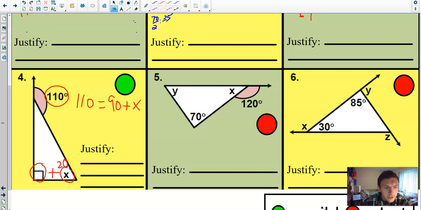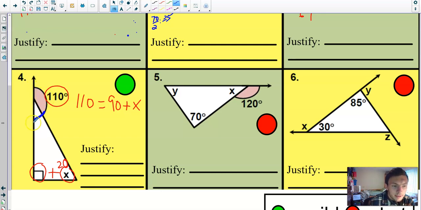So here's the other way you could find it. Since we know this exterior angle is 110, I can actually figure out this little angle right here that's right next to it. Because remember that an exterior angle and the angle next to it, let me switch colors so that you can see what I'm doing. There we go. The exterior angle and the angle next to it add up to 180.